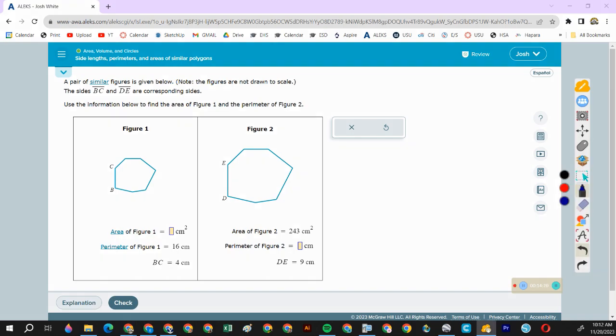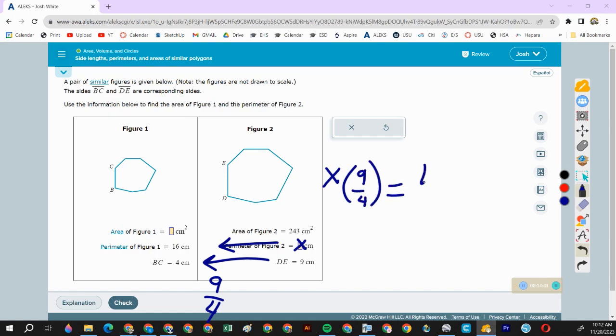So, what is the ratio? Well, if I go from big to small, the ratio is 9 over 4. Okay? So, if I want to go in this direction, let's call this x. X times 9 over 4 is 16. So let's multiply this by 4 over 9.